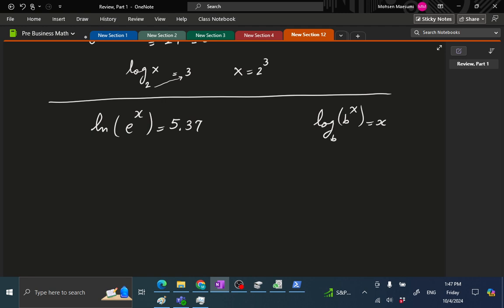Now if b is just e, logarithm in base e is abbreviated as natural logarithm, ln, so we make it a lot easier. So this identity is going to read like ln of e to the x. So this b and this b, we're replacing them by e.